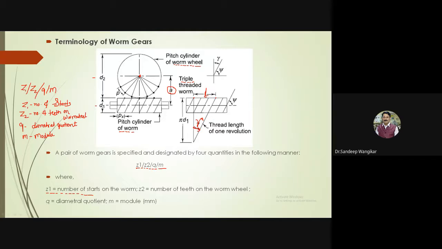And now see also this angle. This angle is psi. If you refer to this diagram here, then gamma plus psi is equal to 90 degrees.